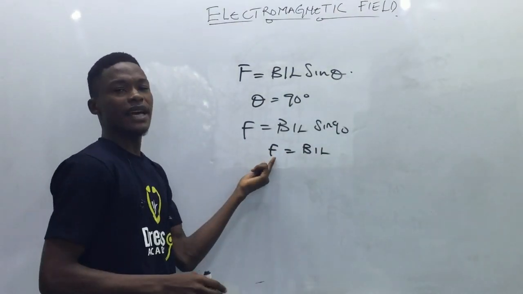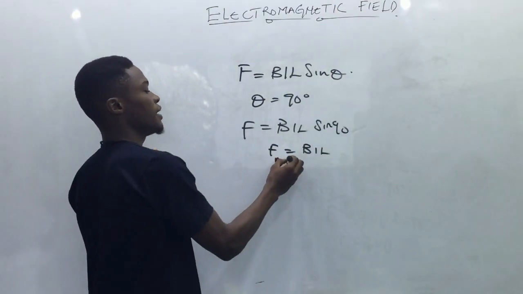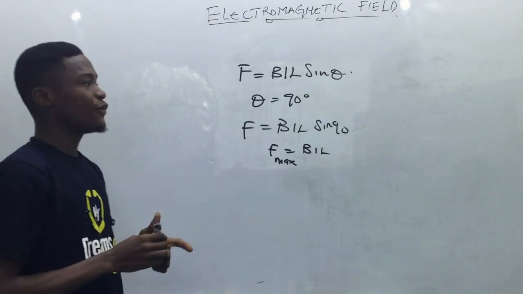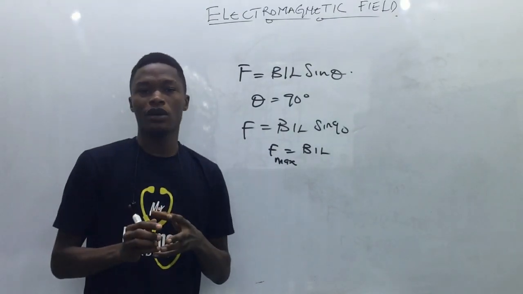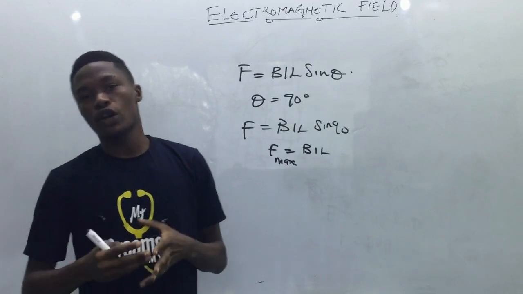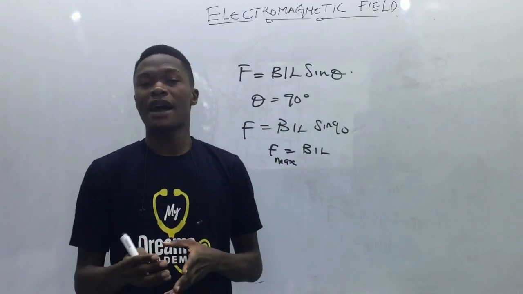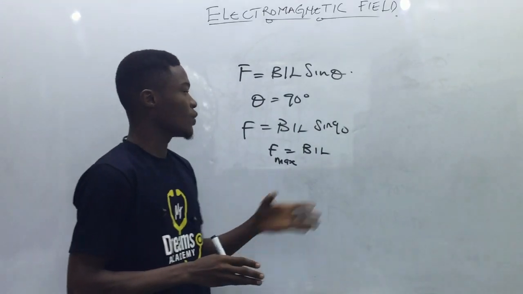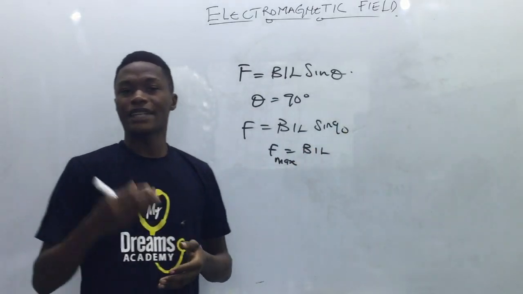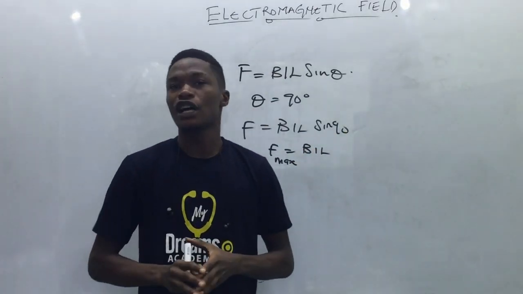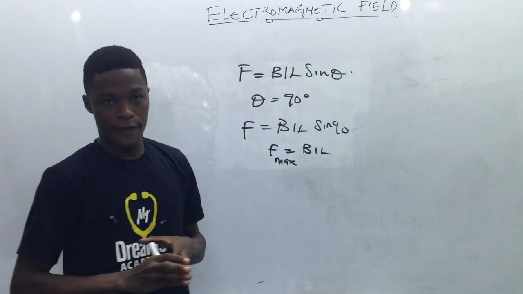This is not just F, it is called F max, meaning maximum force. So if you're asked when the force on a current carrying conductor is maximum, you say it is maximum when the angle between them is 90 degrees, or when that conductor is perpendicular to the magnetic field.